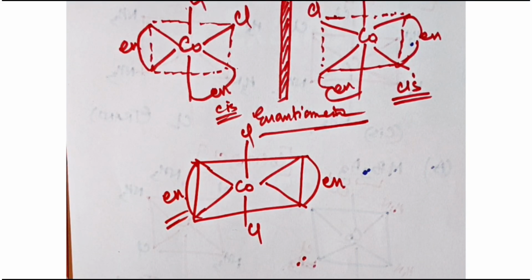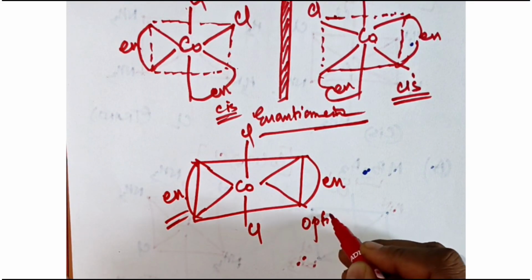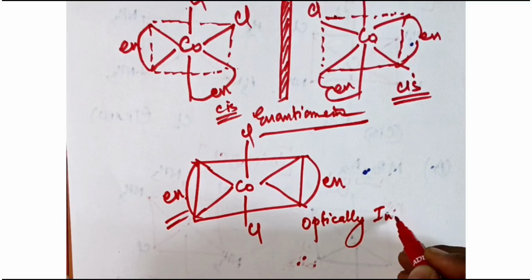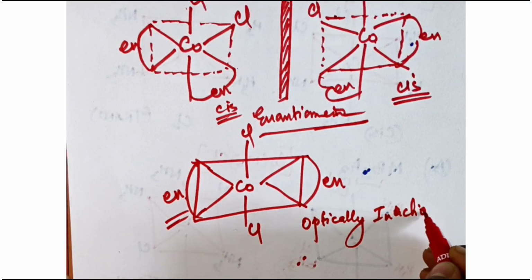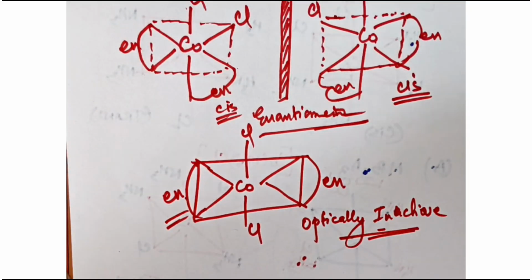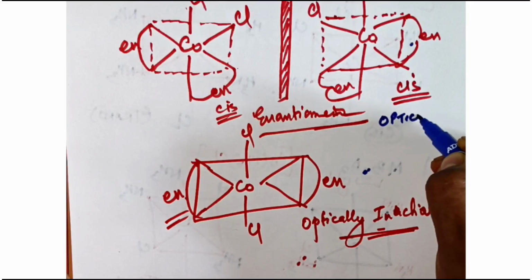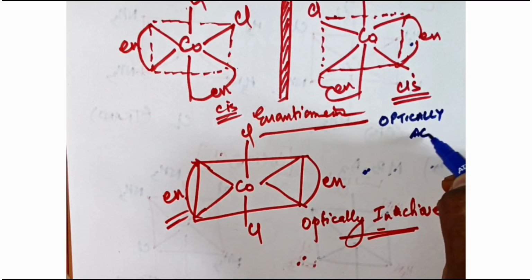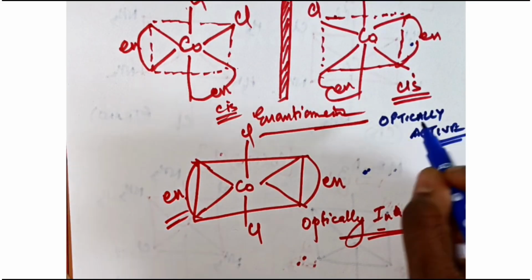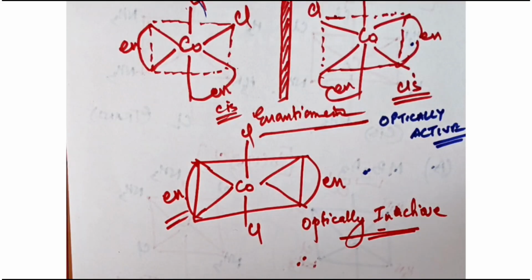So this is optically inactive, but this other molecule is optically active. So you have to remember which type of molecules are there. Then you can easily find the enantiomers if you know the ligand type.